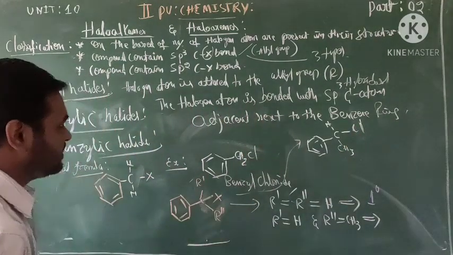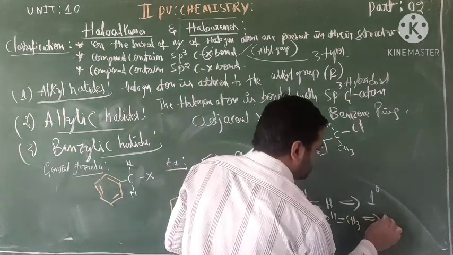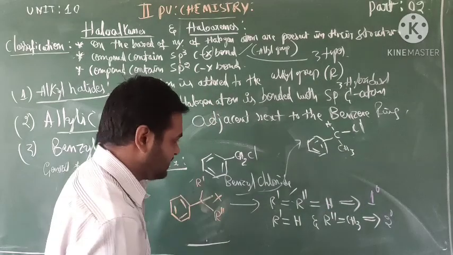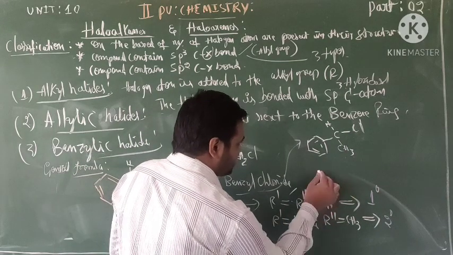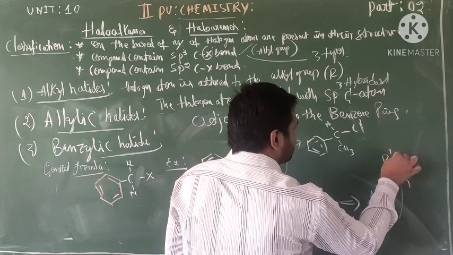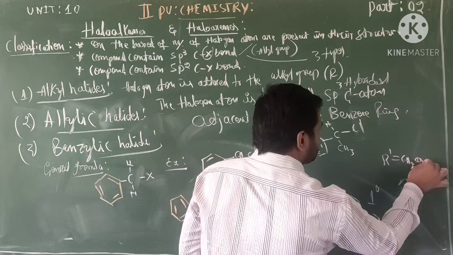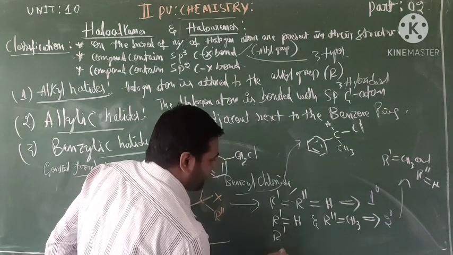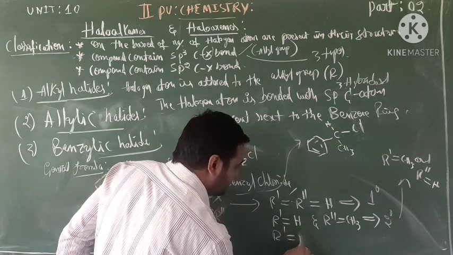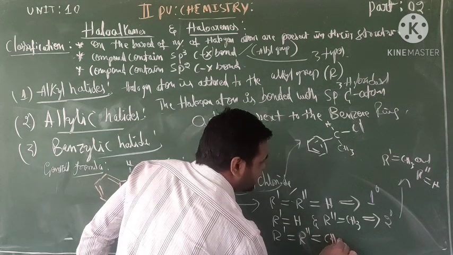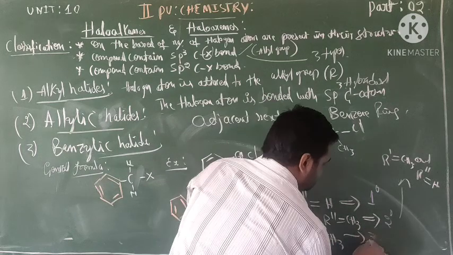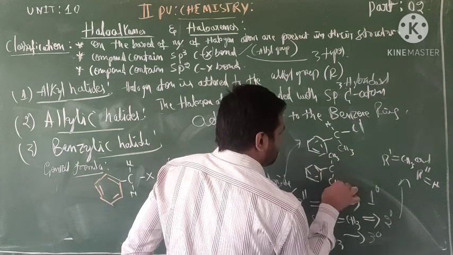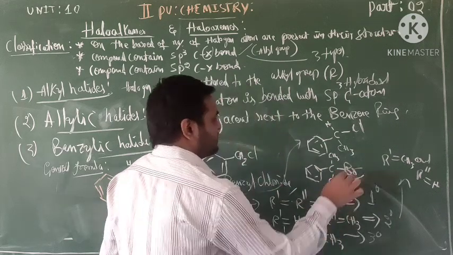So it should be called secondary, since one more methyl is present on the carbon atom. Either one is replaced, meaning R1 is CH3 and R2 is H. In the case where R1 and R2 are both CH3, it should be tertiary, so CH3, CH3 and any halogen.